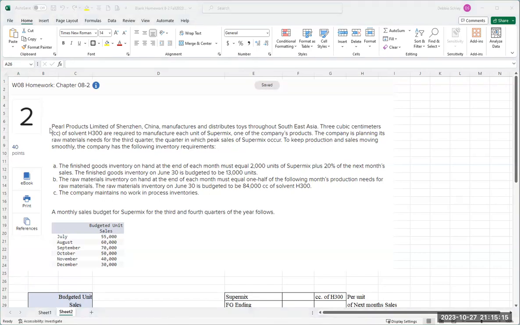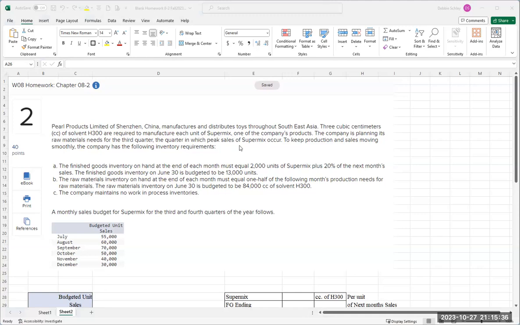Pearl Products Limited of Shenzhen, China, manufactures and distributes toys through Southeast Asia. 3 cubic centimeters of solvent H300 are required to manufacture each unit of Supermix.